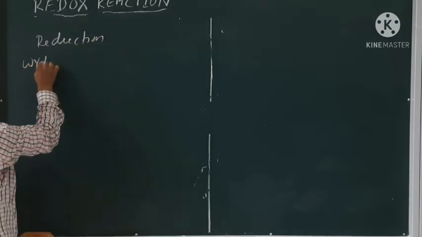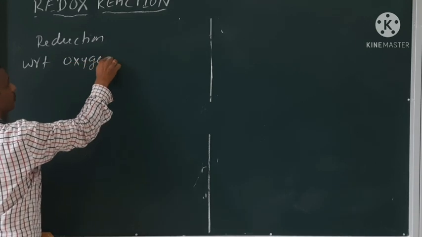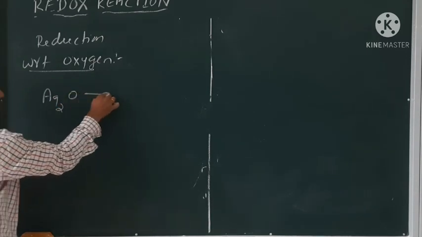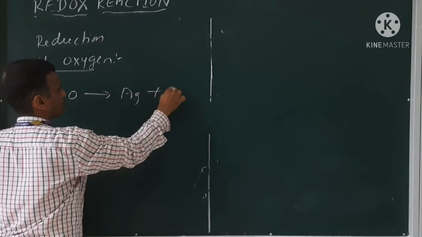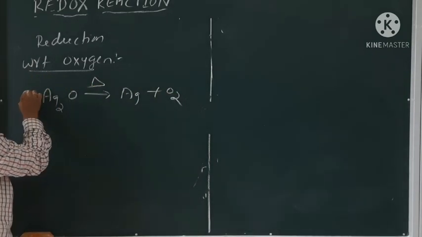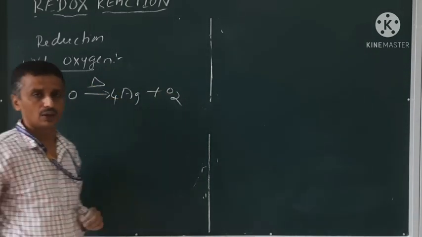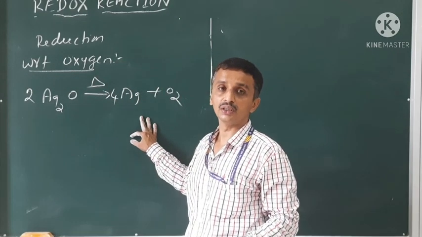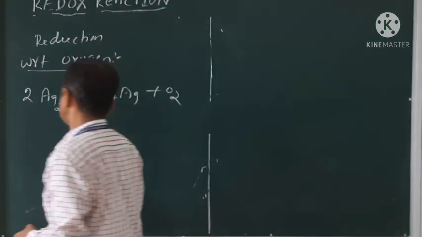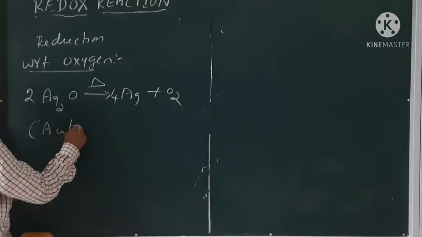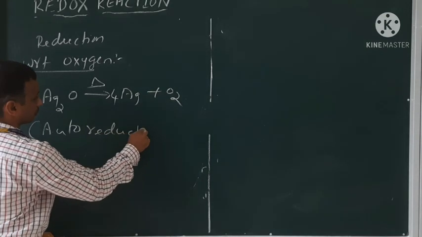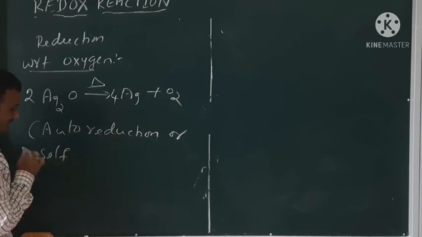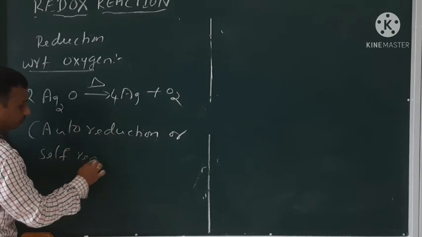First is with respect to oxygen. Just here, Ag2O gives Ag plus O2, and we call this process self-reduction or auto-reduction. Why is this called auto or self-reduction?